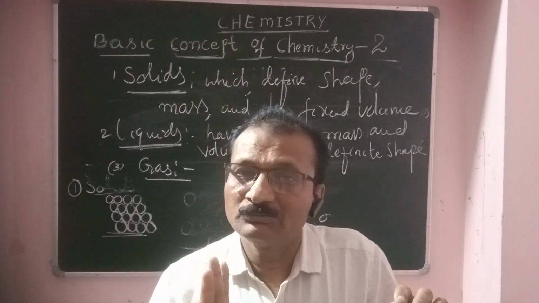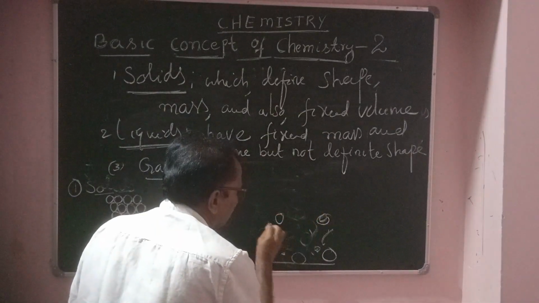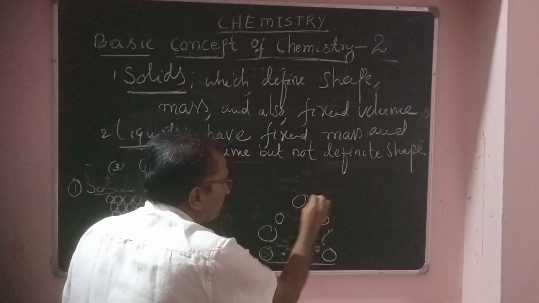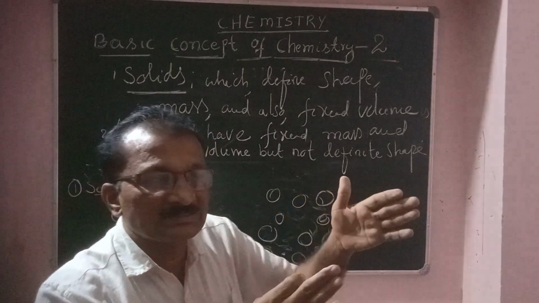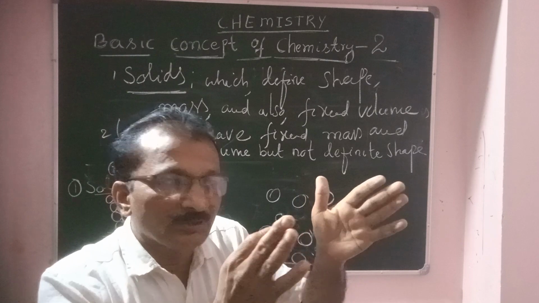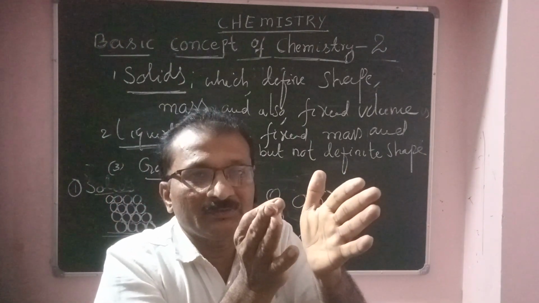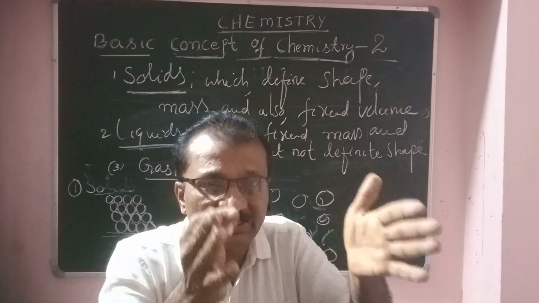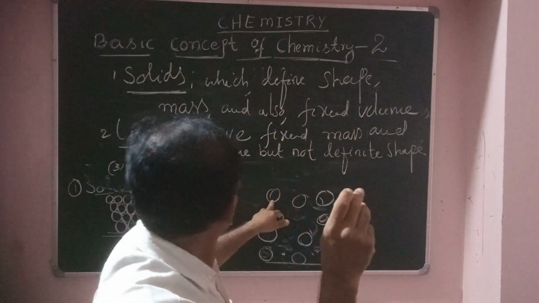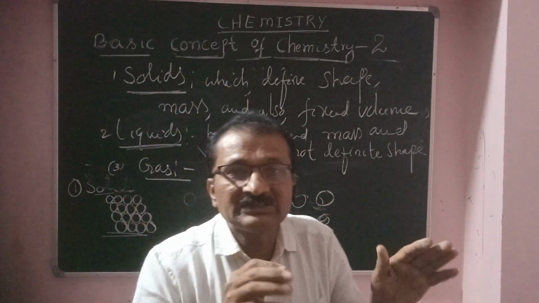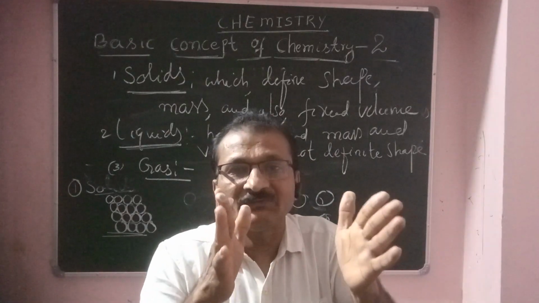Do they have definite volume? No, because here the particles or molecules are moving freely. Hence you can fill this air in a small balloon and it will occupy that much space. You can fill the same in a big balloon or big cylinder, and it takes that much volume. Hence the volume of a gas is not fixed. It depends upon the volume of the container.